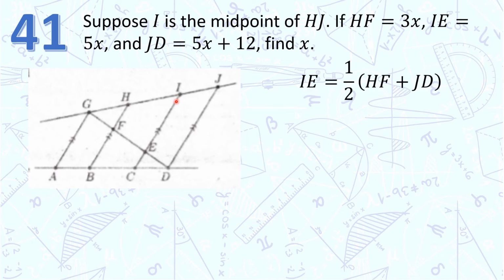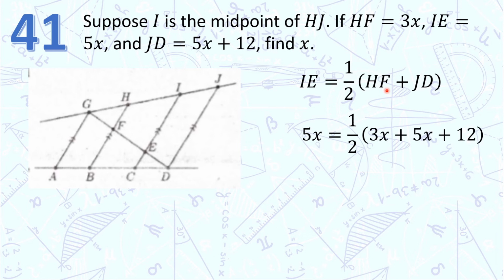If I is the midpoint of HJ and HF is parallel to IE, parallel to JD, then IE is the mid-segment of trapezoid FHJD. Relating the mid-segment of the trapezoid to the two parallel sides, then we have IE is equal to 1/2 times the sum of the lengths of the parallel sides of the trapezoid, HF plus JD.